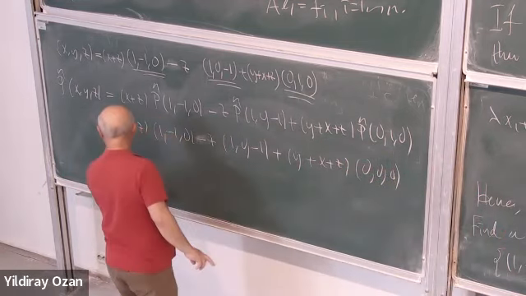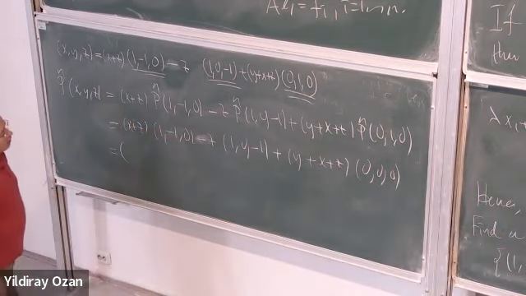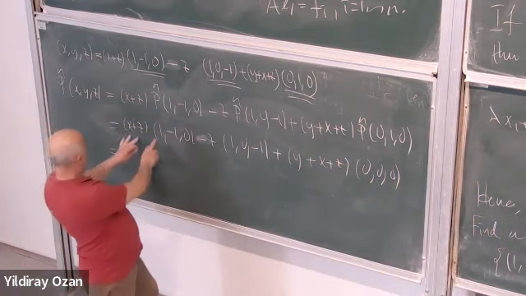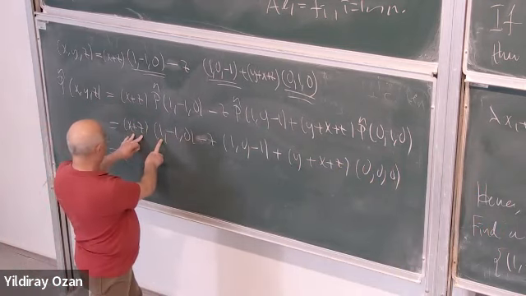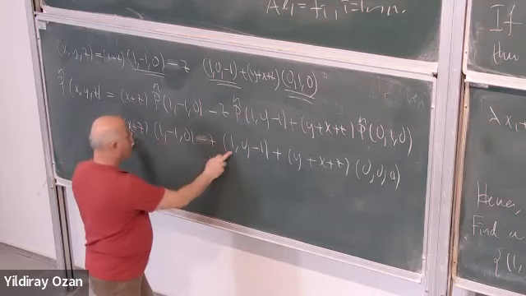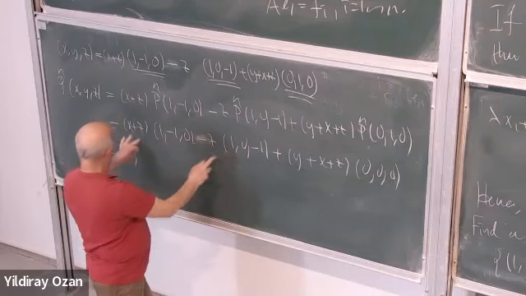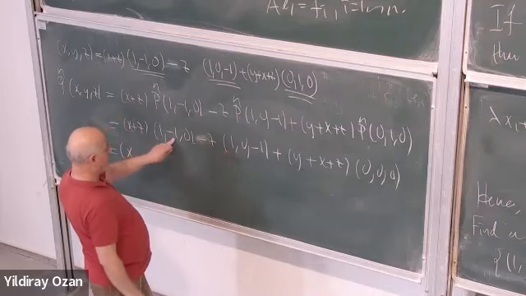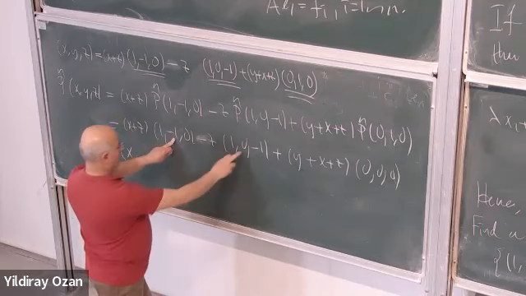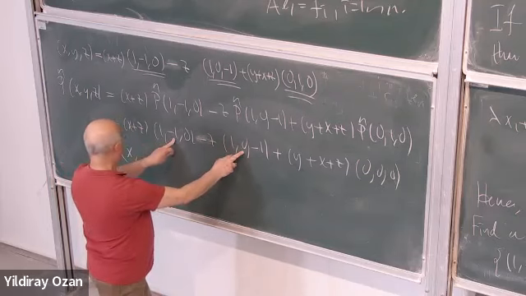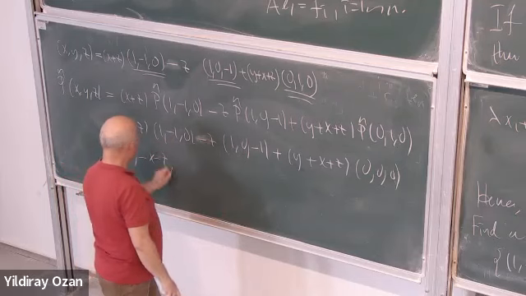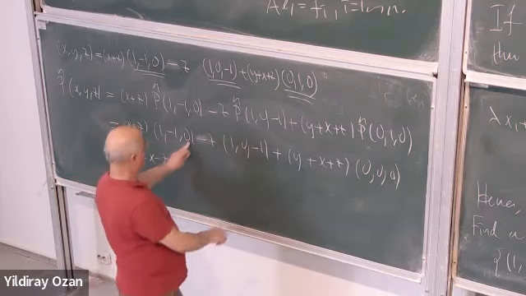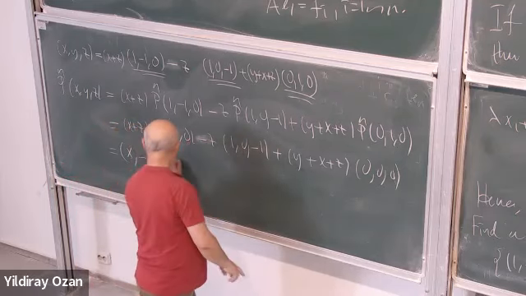I am just left with these two. X plus Z minus Z, so this is just X. X plus Z, the minus sign. Nothing comes from here. Minus X minus Z. And from here, Z.